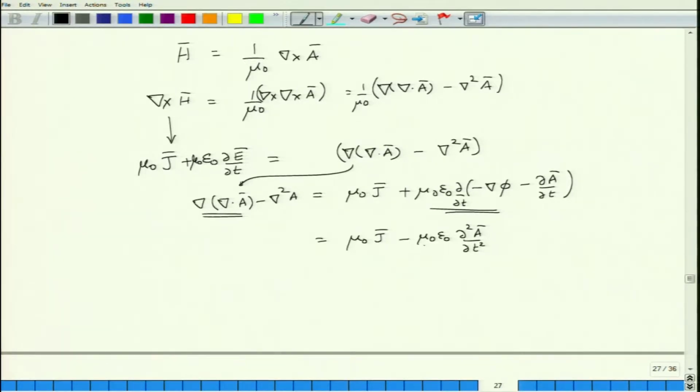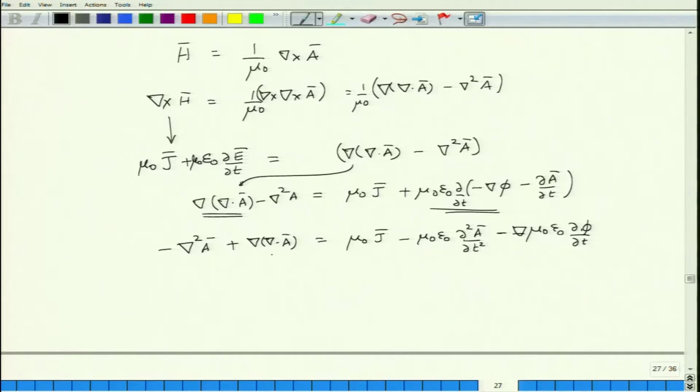Then you have one more term which is minus mu naught epsilon naught, or gradient can be pulled out, so minus mu naught epsilon naught del phi by del T, and on the left hand side you have del square A, which is the Laplacian of A, plus gradient of del dot A.